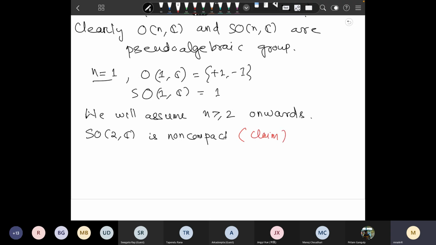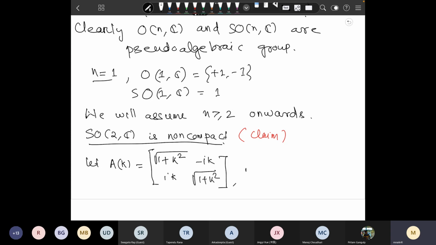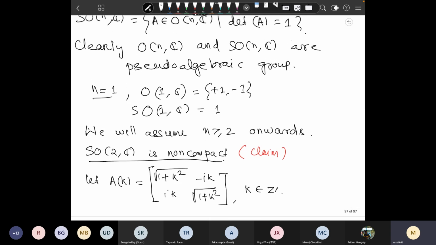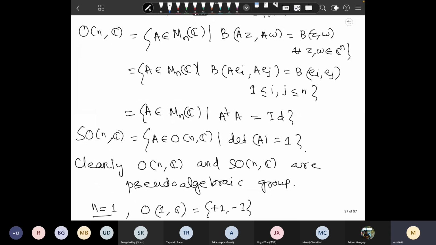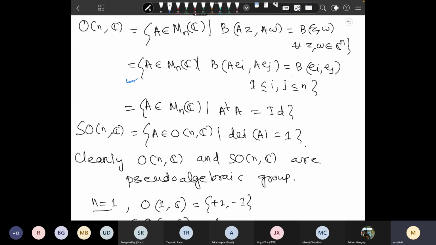I take A_k to be the matrix with entries 1 plus k square, ik, minus ik, 1 plus k square, where k belongs to Z. Actually, as I've said, you always have to use this second condition.